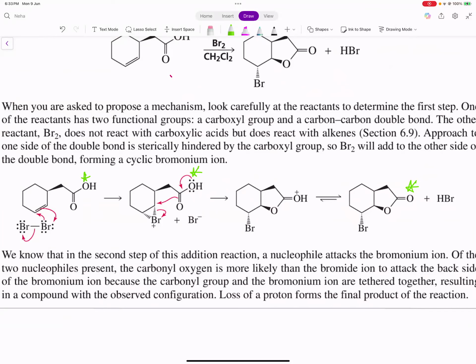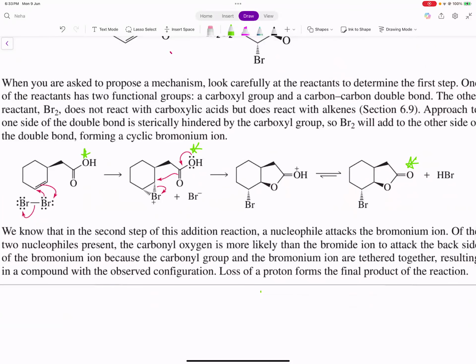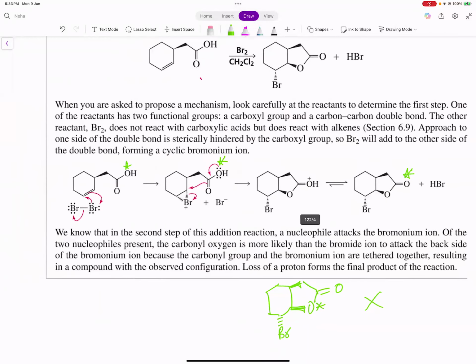In the other options, I could draw options like these, where bromine, O, this, and a double bond, and I can put a star here, which is an incorrect one. Okay, clear? Very nice.